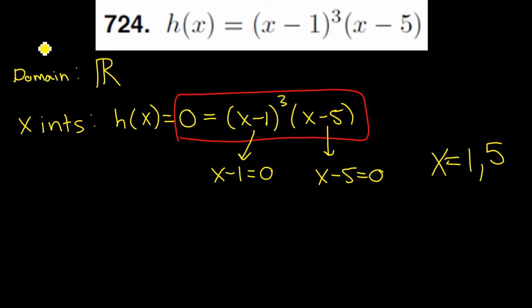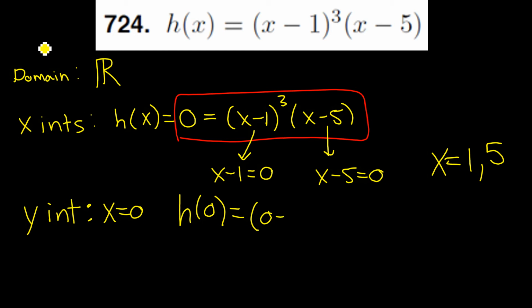We can also figure out our y-intercept. Our y-intercept happens when x equals 0. So we take h of 0, which is 0 minus 1 cubed times 0 minus 5.